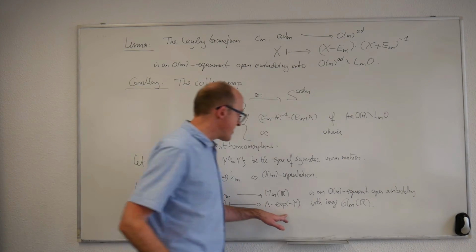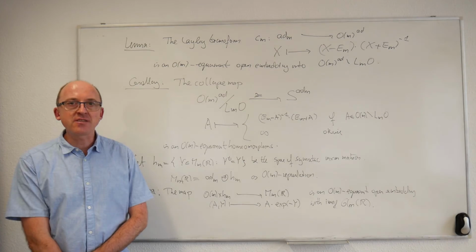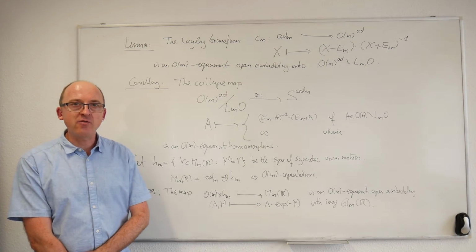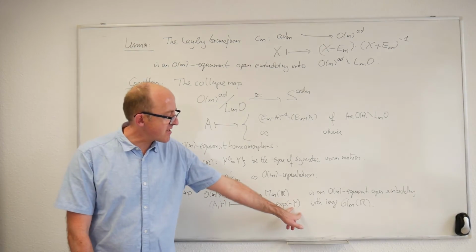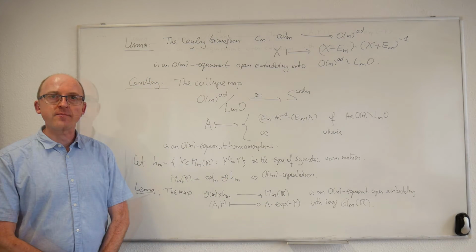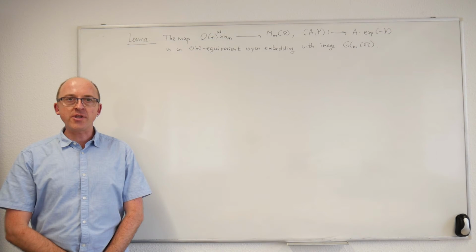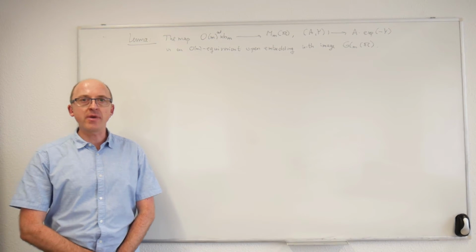So this exp again is the familiar exponential series, now done with matrices. So it's the infinite sum of 1 over n factorial times, in this case, (-1)^n. I will not give the full proof, but I will explain the main ingredient.